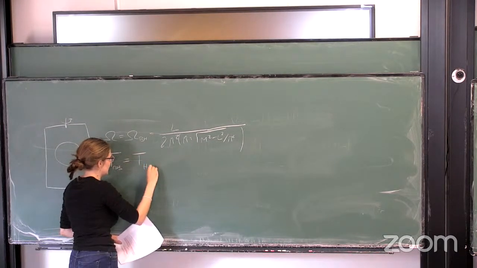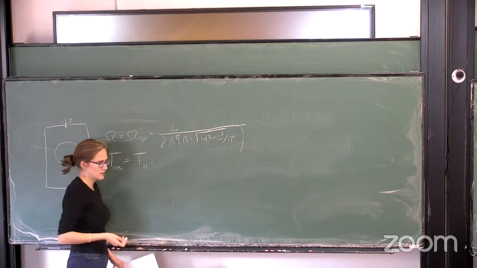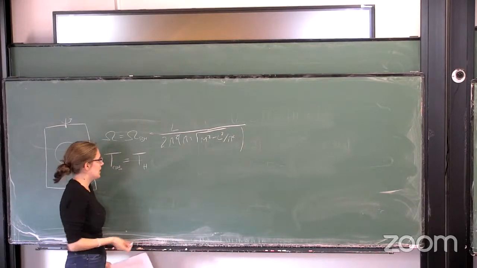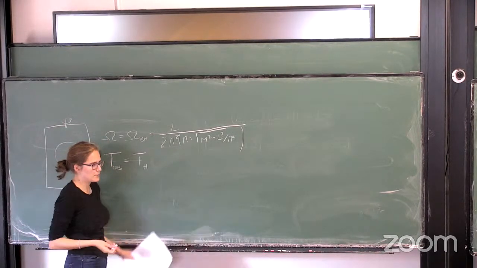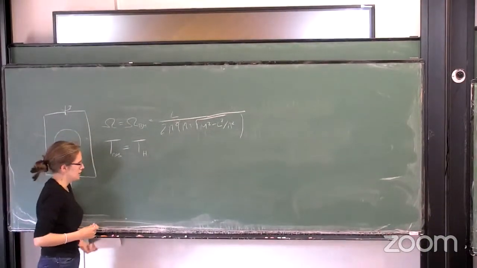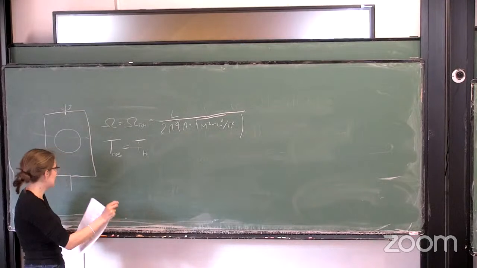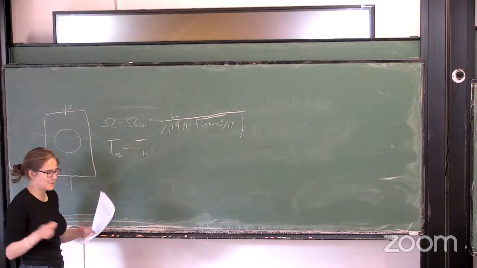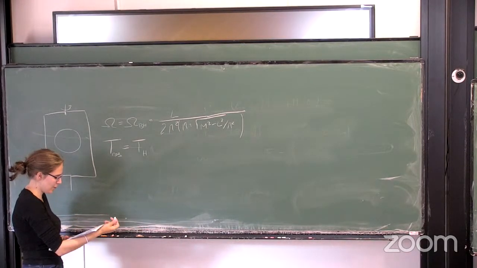So we assume that for this process to be reversible, the temperature of this reservoir has to be the Hawking temperature of the black hole. And then we again separate this into very small processes.